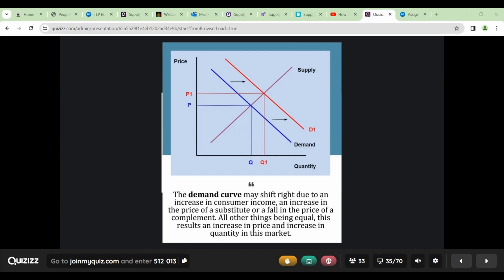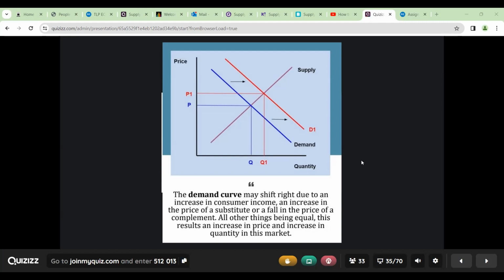Like if this was the demand curve for Pepsi, the demand curve for Pepsi would shift right if the price of Coca-Cola went up. And then the demand for peanut butter would increase if the price of jelly went down.